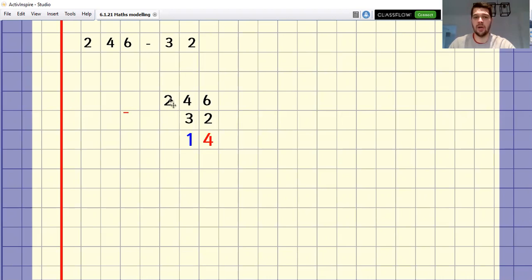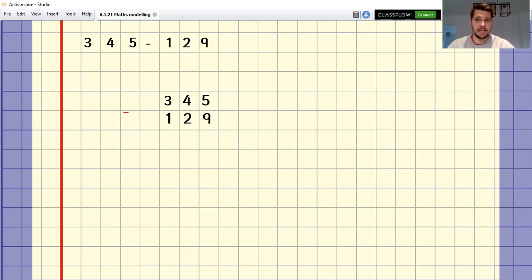And then we're left with our 200s. And if we want to, we can put a placeholder in to make that a bit easier for us. 2 take away 0 is 2. So 246 minus 32 is 214. So the difference between those two numbers is 214.